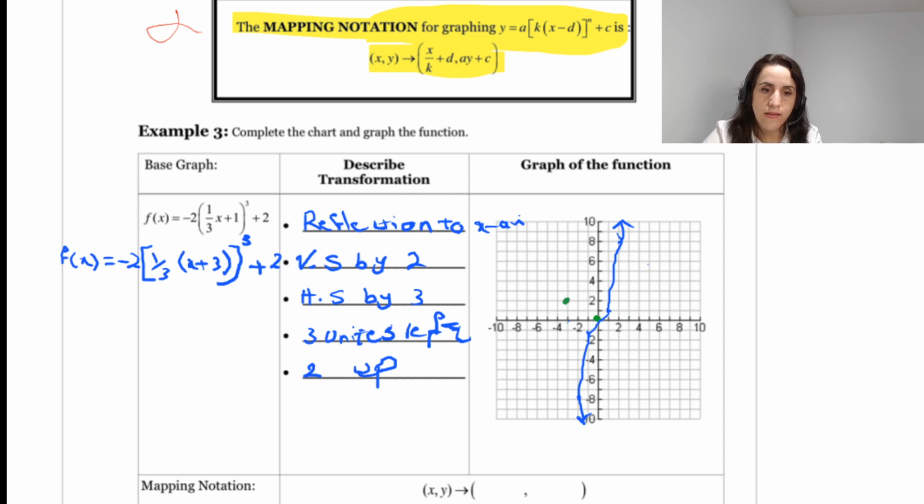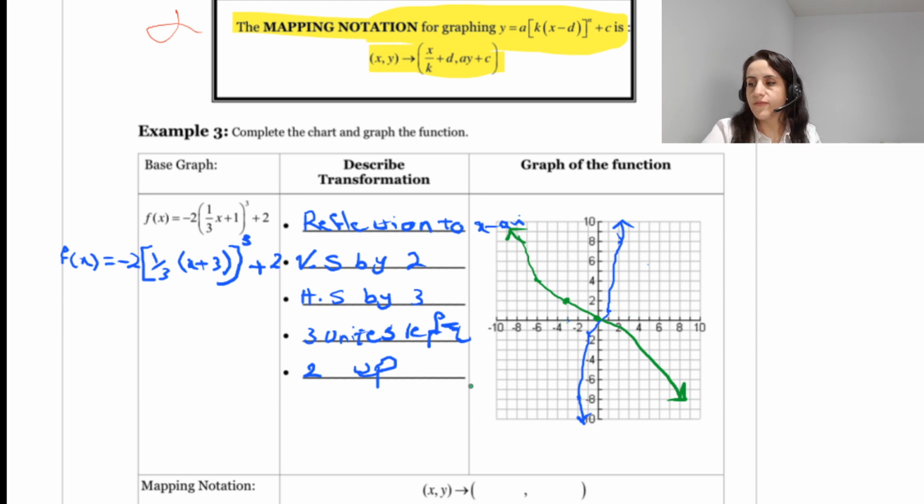This one is going to be 3 units horizontally, 2 units, but it's going to be on top. Then I'm expecting to see a graph like that. I just moved 3 units.